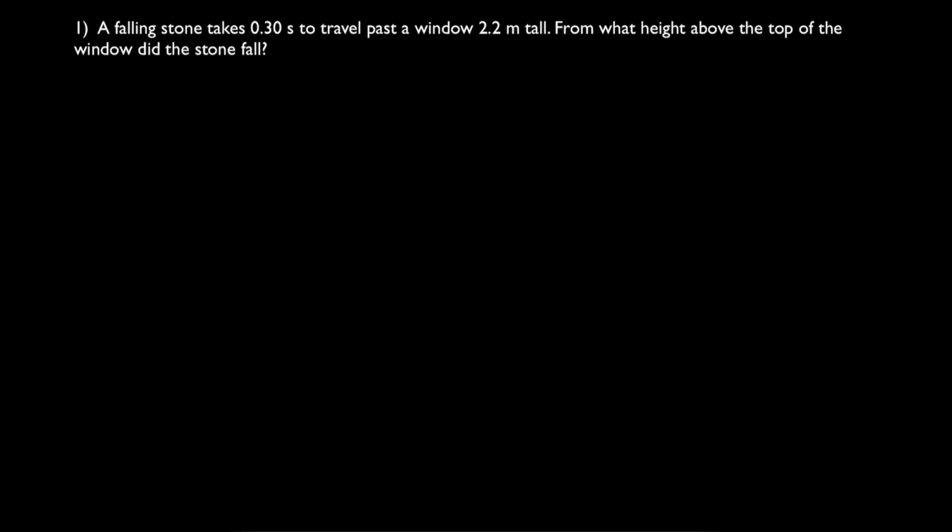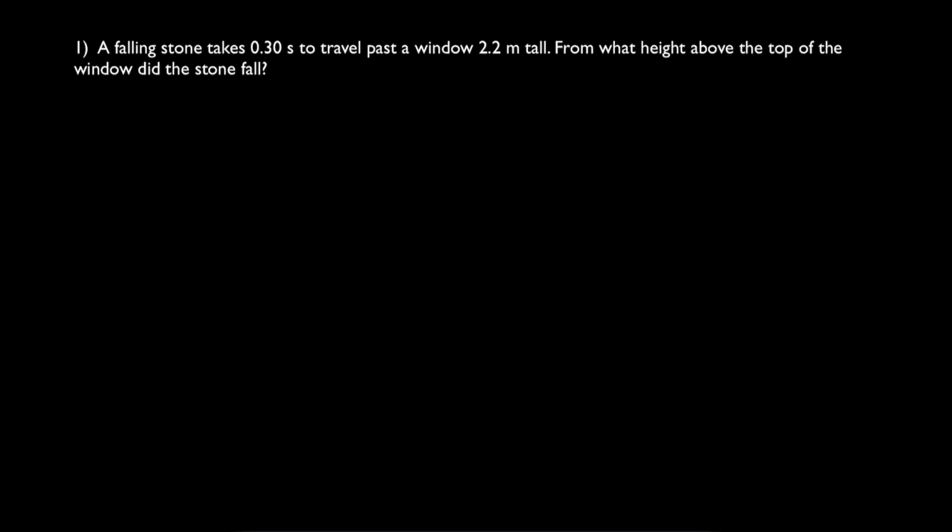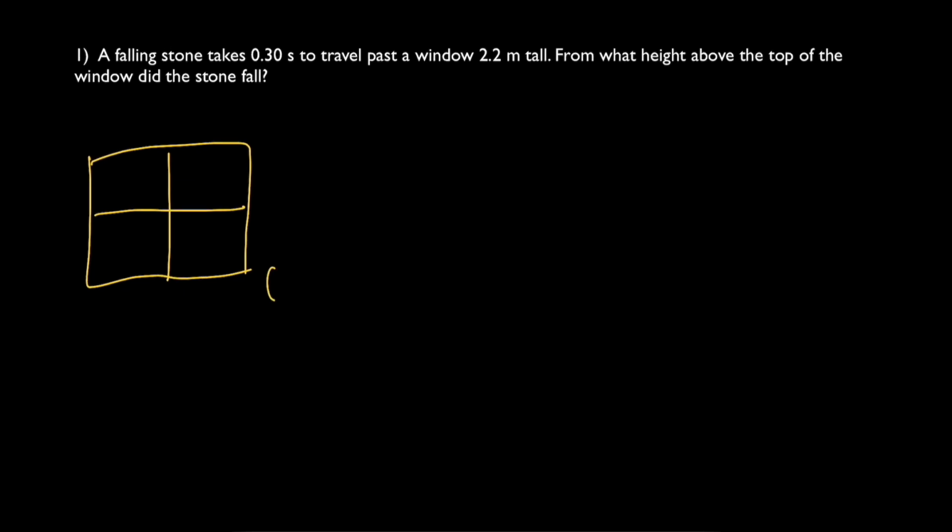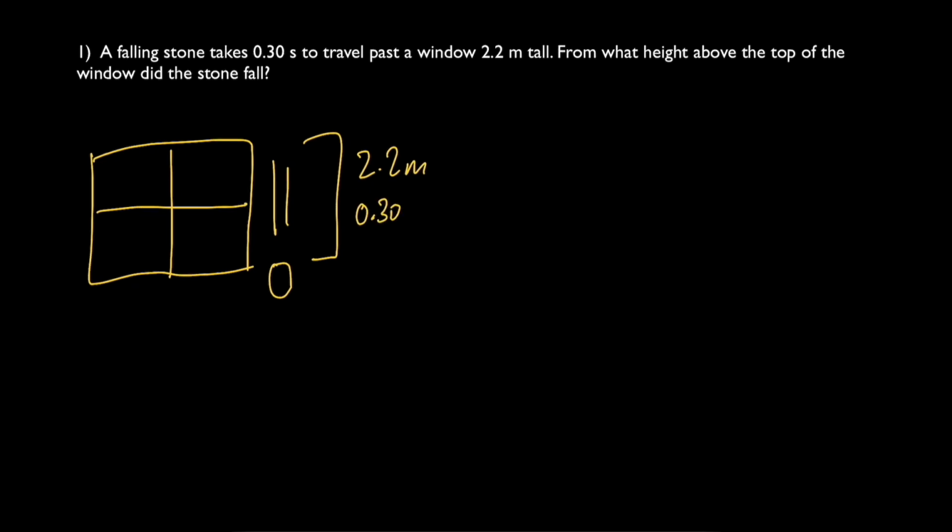So the first thing I would do to solve this problem is to draw a diagram. So let's do that. So this is our window. This is our stone. And this is a 2.2 meter window, which it took the ball 0.3 seconds to travel past.